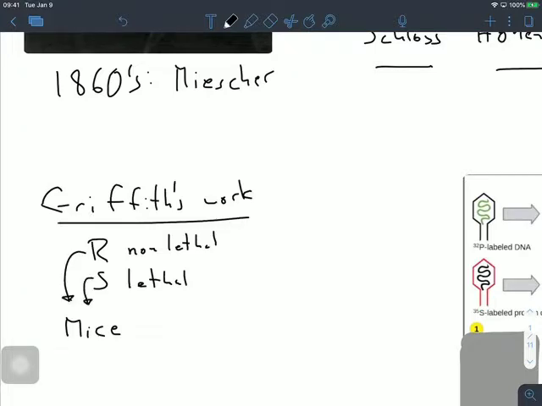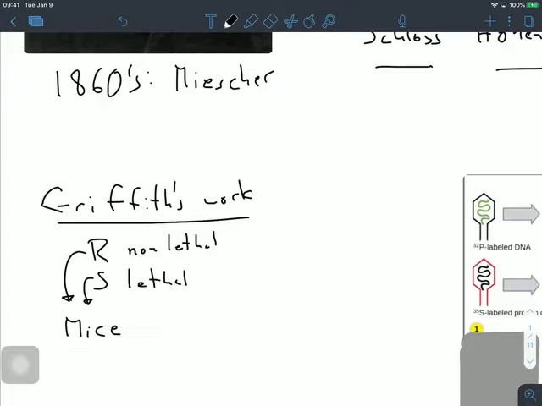Now, when he gave a mouse the R strain, it would live. When he gave a mouse the S strain, it would die. He then tried to kill the S strain, the lethal strain, with heat and injected the mouse with the virus and found that the mouse lived.